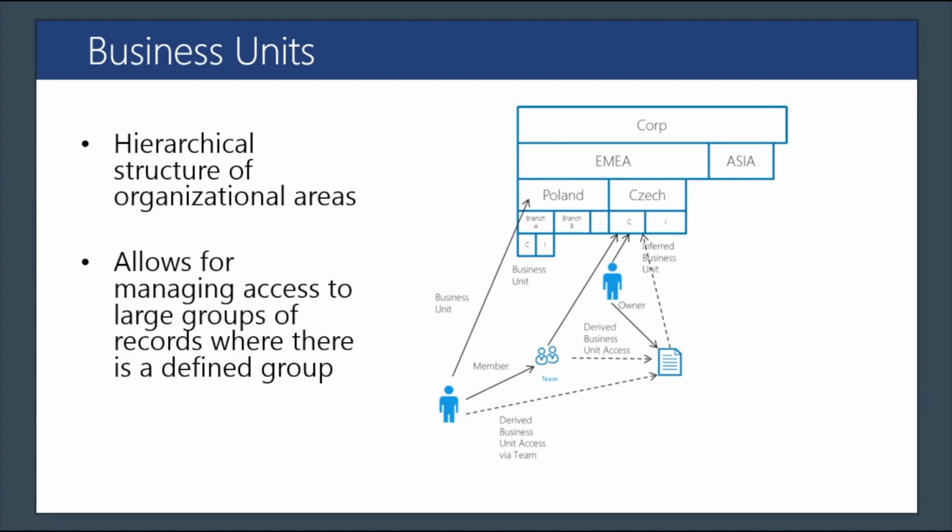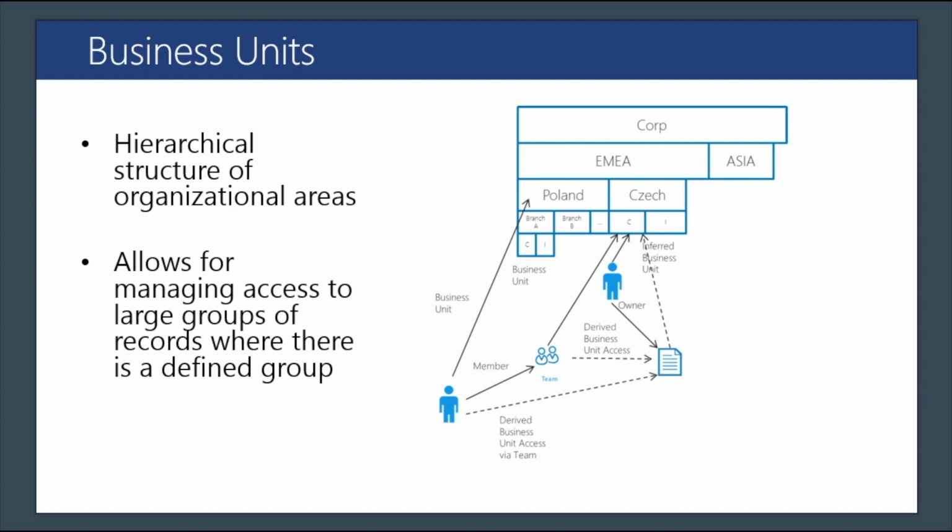The team has our member from Poland and our member from Czech. So since our member from Poland is a member of the team that is assigned to the Czech business unit, this user in our Poland business unit is going to derive access to the record via the team they're a member of.